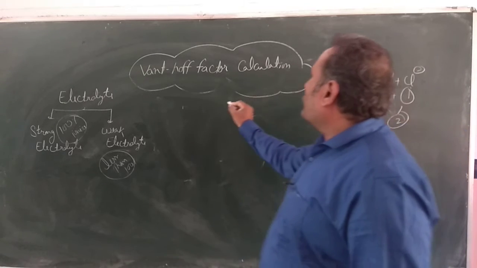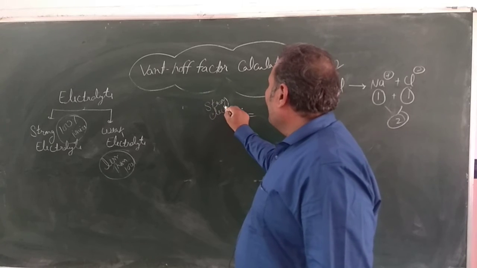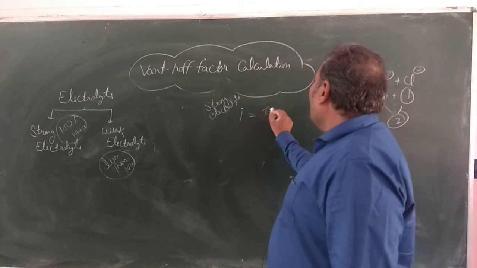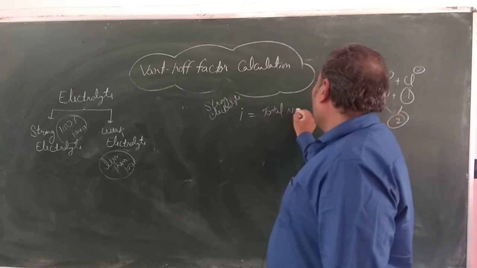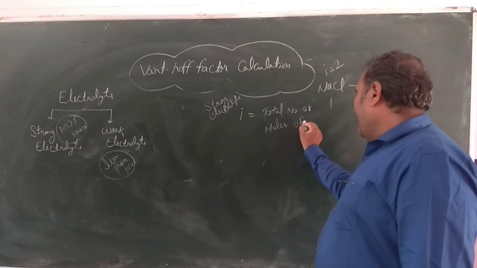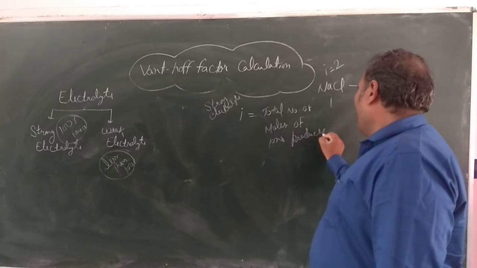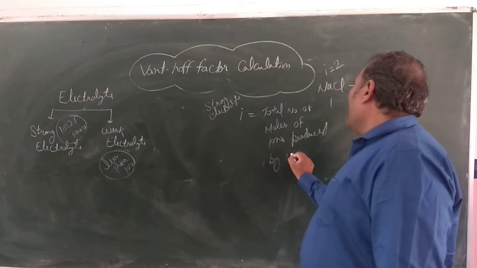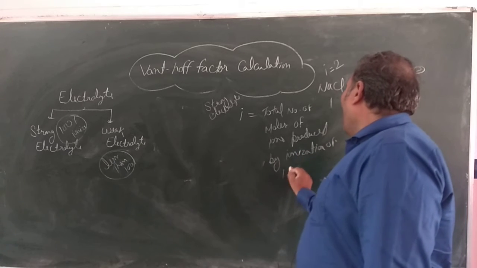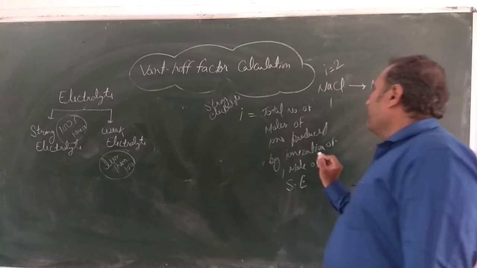Means simply for strong electrolyte, the Vant factor is the total number of moles of ions produced by ionization of 1 mole of strong electrolyte.